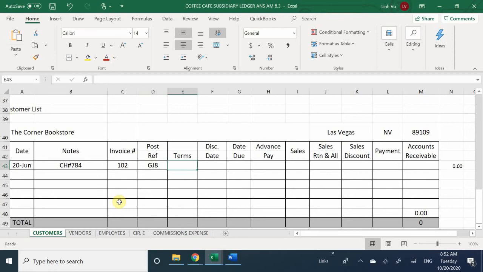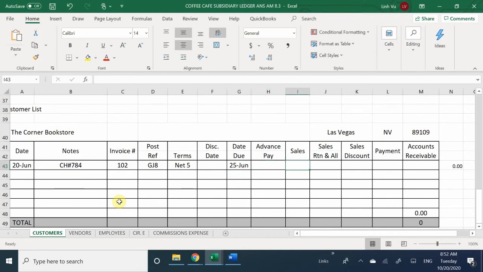We have the net 5. Yep, net 5. So no discount period. However, we have a due date. When's the due date? The 25th of June. No advanced payment, right?